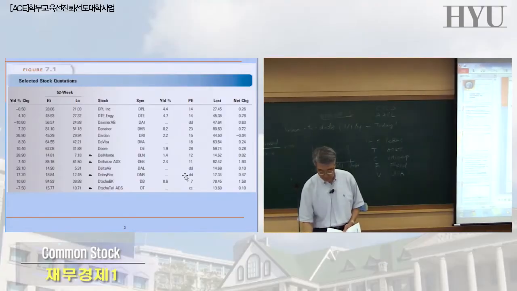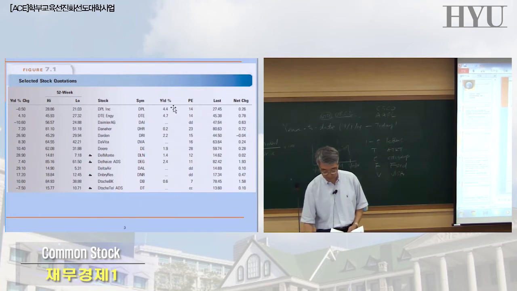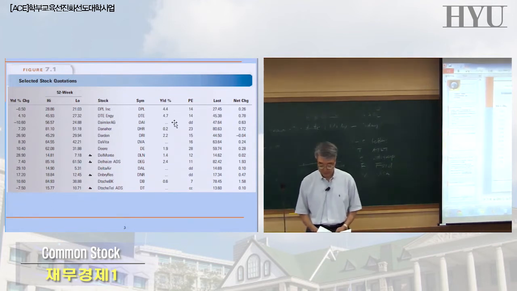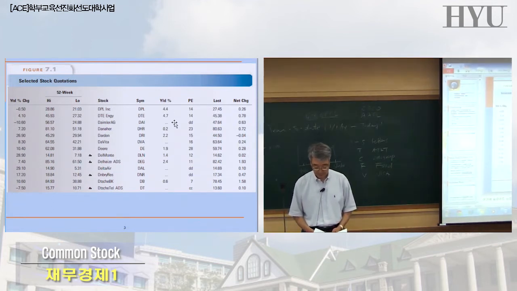If you look at the second last column here, here's the last price. That's the price as of closing in the last session. When the market closed, the DPL stock was sold at $27.45. If you divide this company's annual dividend payments by the last price, that comes out to be 4.4%. That's the annual dividend yield.